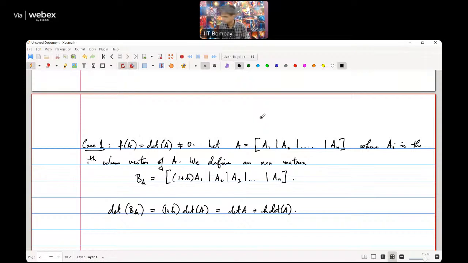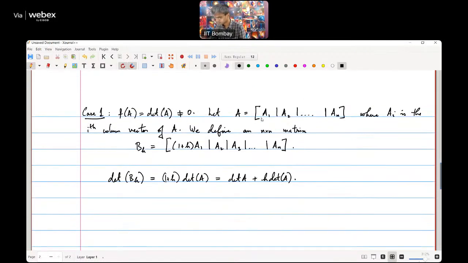So, thus, as H varies in minus epsilon by determinant of A, comma epsilon by determinant of A, in this set we get all values in this open neighborhood.